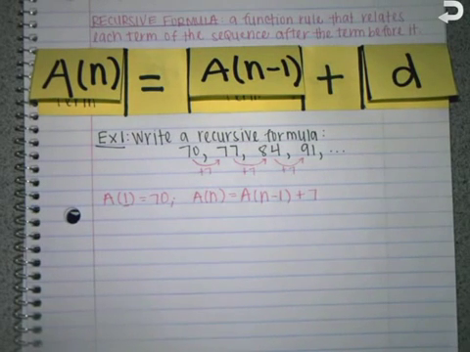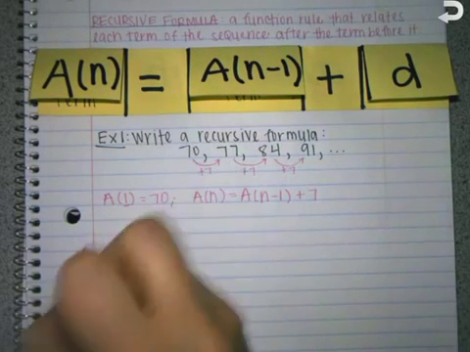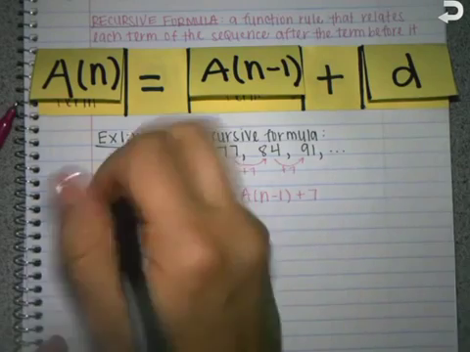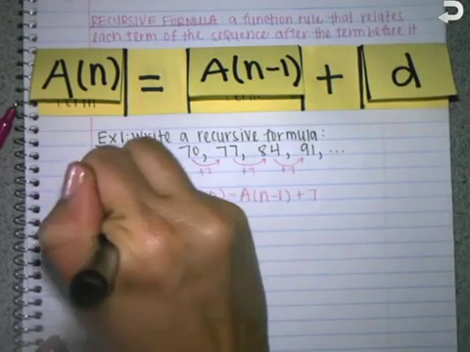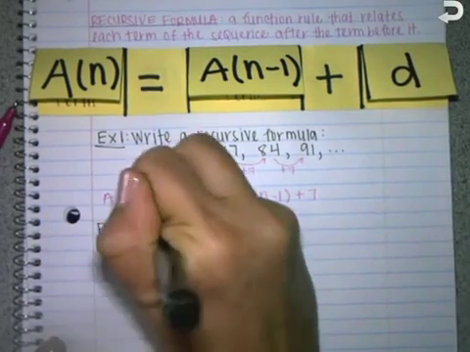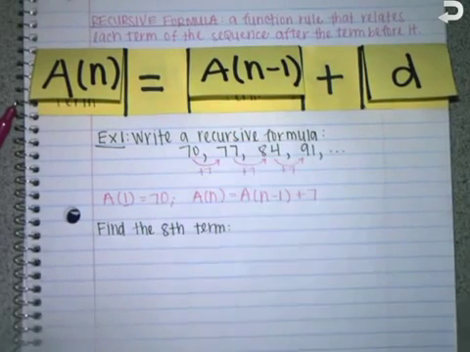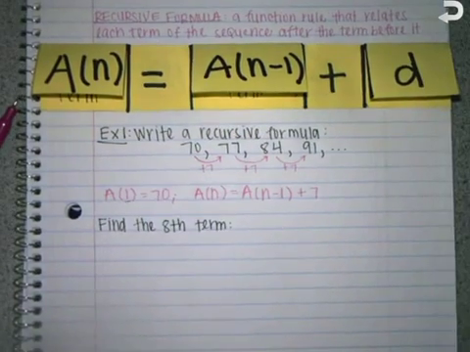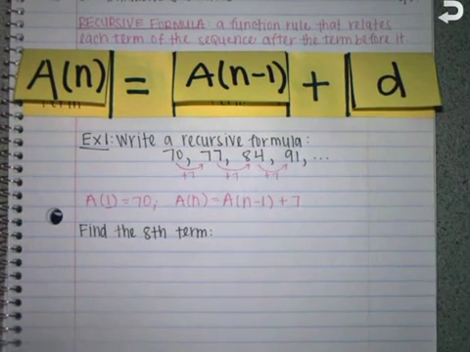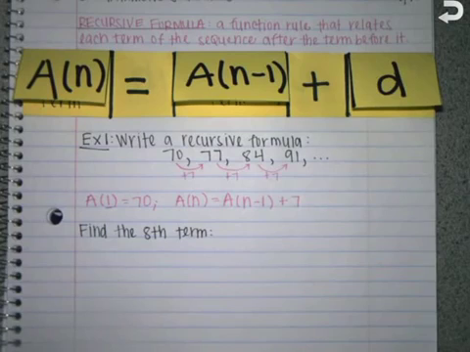So now we're actually going to use this formula for this sequence to find the 8th term. So the next question is find the 8th term. So guys, if I'm looking for the 8th term, that means I need to know which term before that.